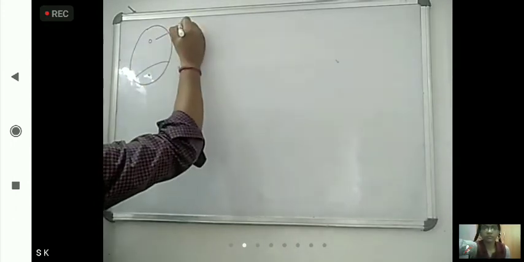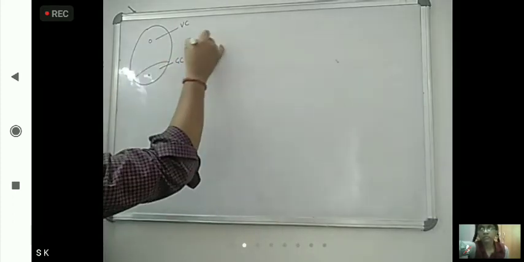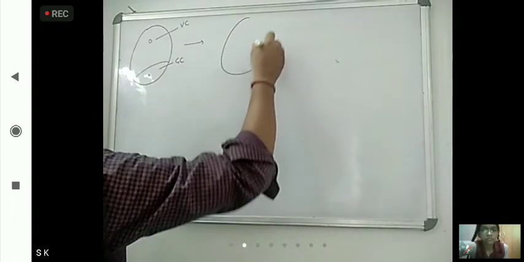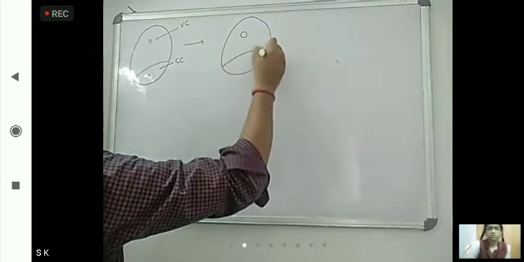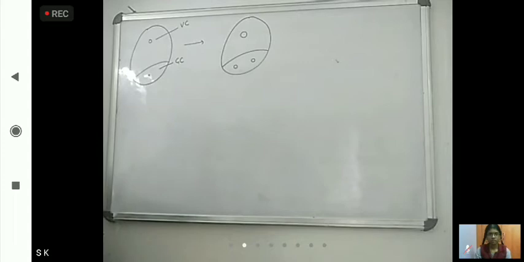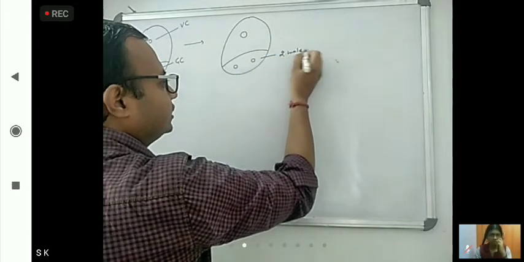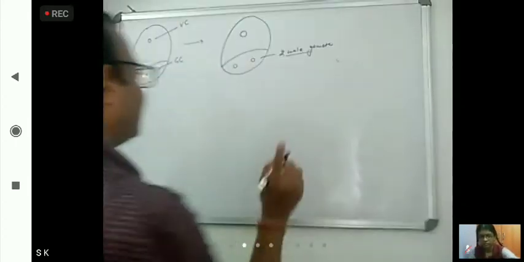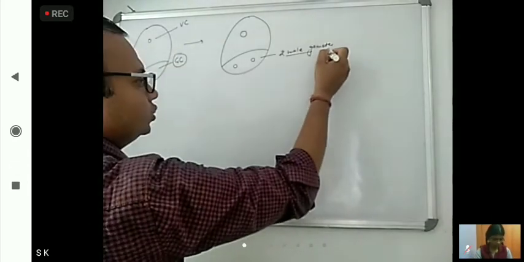Here, this is the vegetative cell and this is the generative cell. Further development occurs, and the generative cell converts into two male gametes.